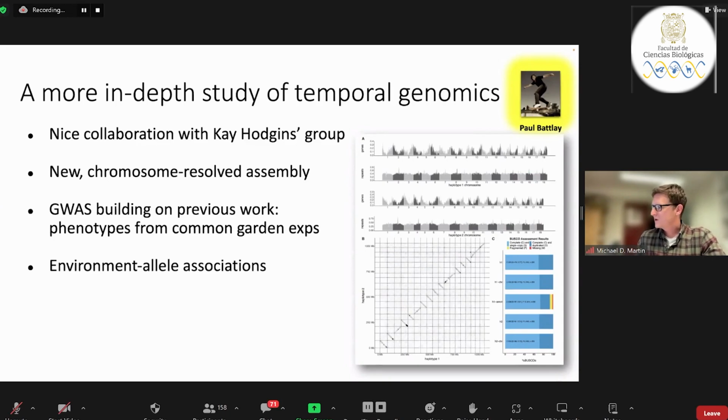For that, we produced a new reference genome that was way, way better. This is just how much the technology has advanced in 10 years. Now we have a ragweed genome that's fully chromosome resolved. In fact, both haplotypes, because it's a diploid organism, were fully resolved into the 18 chromosomes that are present in the genome.